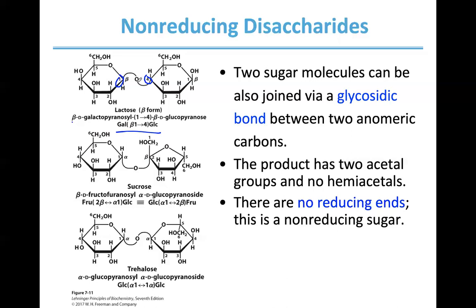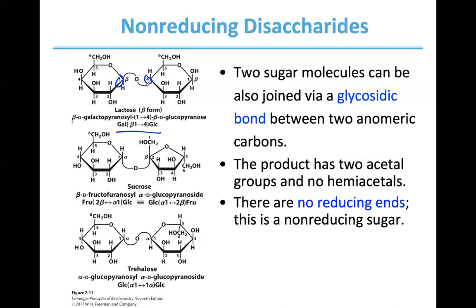Lactase, which is expressed in babies who feed on mother's breast milk, right? So they need an enzyme to break down this linkage.